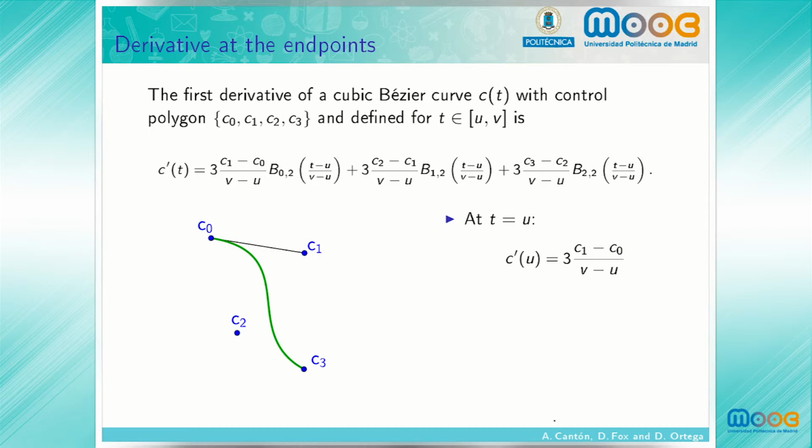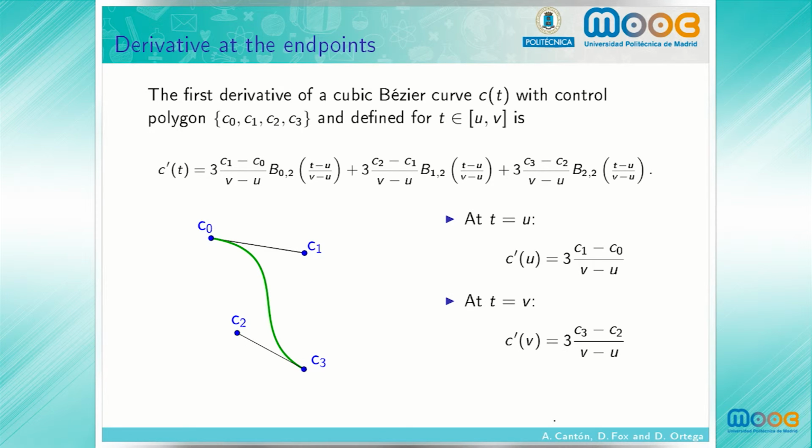This coefficient is c1 minus c0, rescaled. c1 minus c0 is simply the vector that points in the direction of the segment that runs from c0 to c1. It follows that at c0, the cubic Bezier curve is tangent to the first segment of its control polygon.